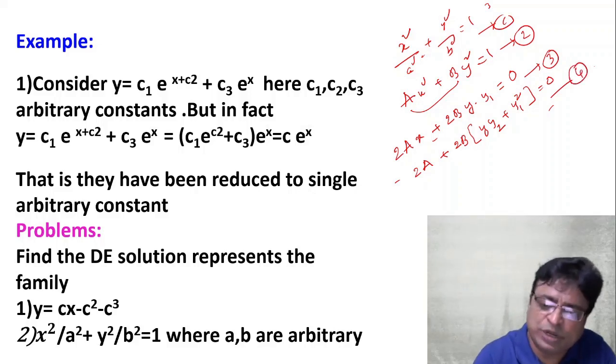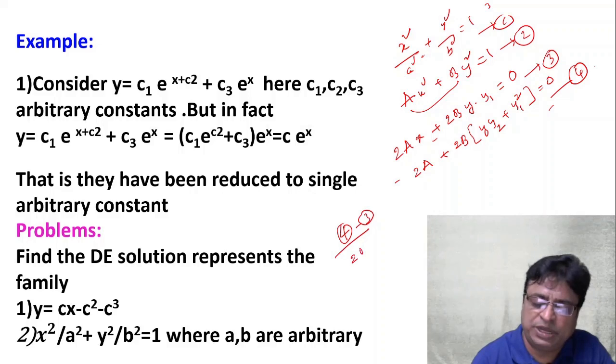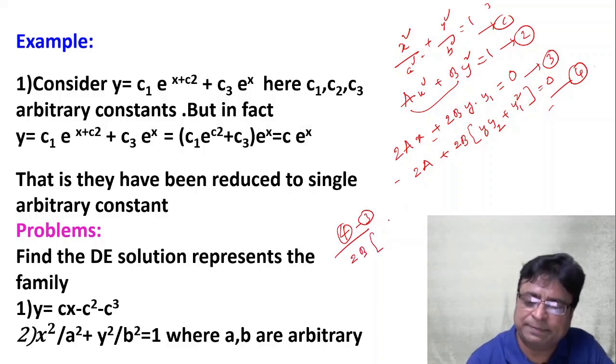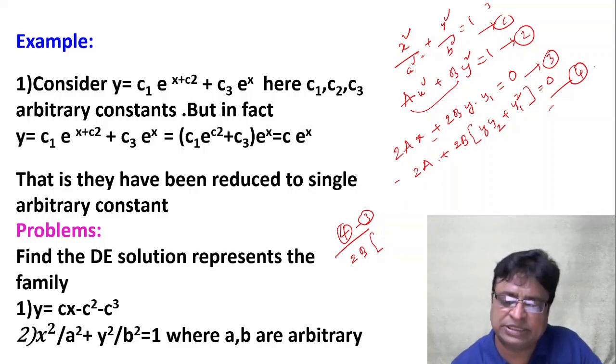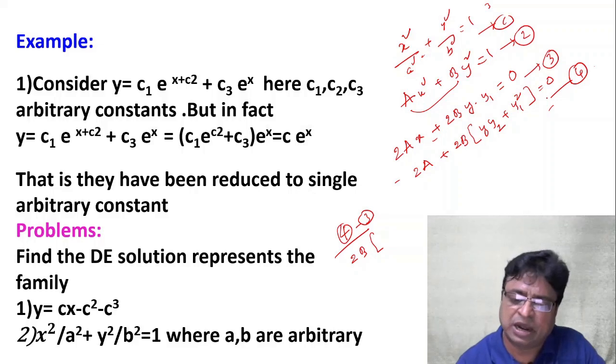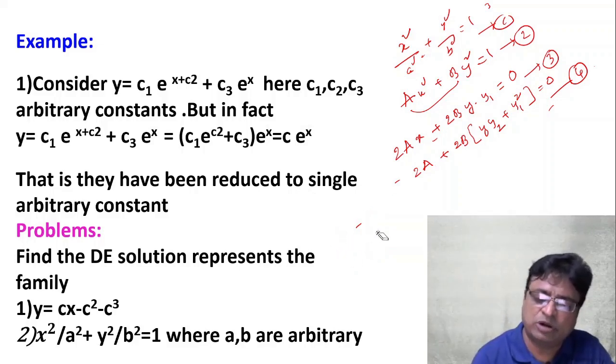Now subtract 4 and 3, then you will get 2b into, after simplification, I think 2ax, no, not 2a, 4 minus 3, sorry, I'm wrong.